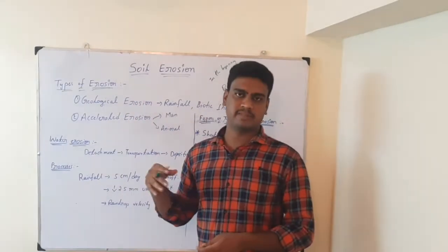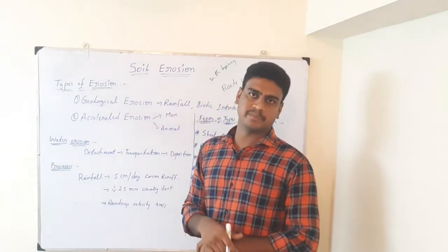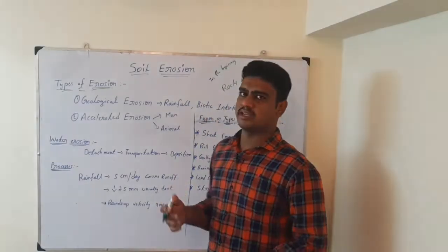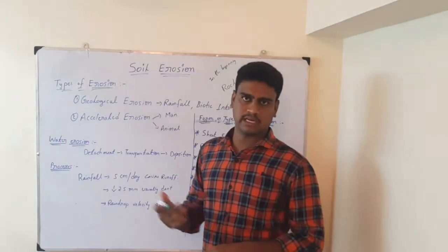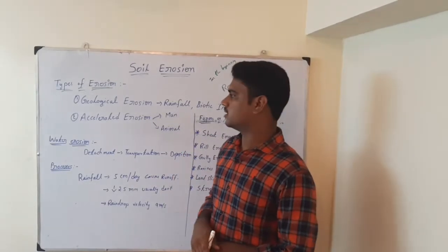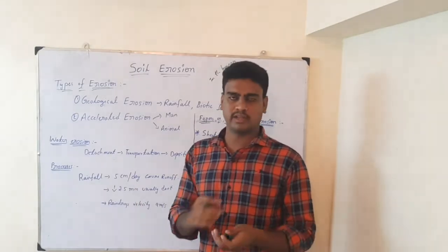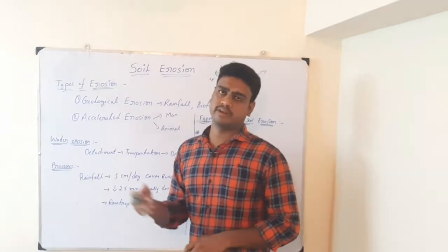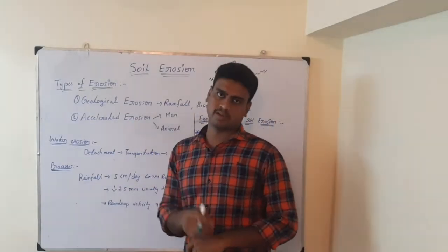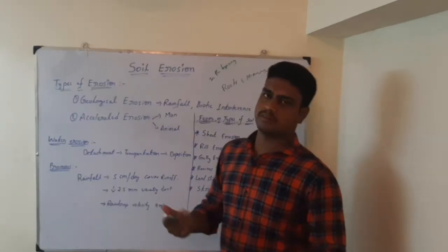As years and days pass by, from the rocks, because of the weathering process, maybe due to rainfall, sunlight, or wind, the different agents, the rocks get converted into soil, or get rubbed out and become soil. That is geological erosion, the first step of erosion. It may be due to rainfall or biotic or abiotic interference.